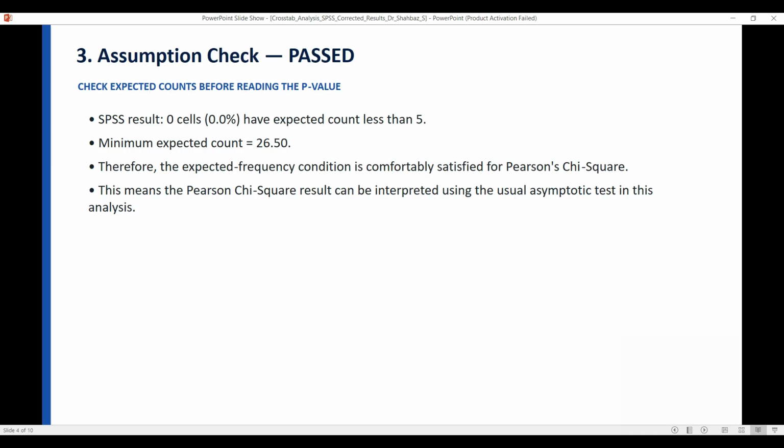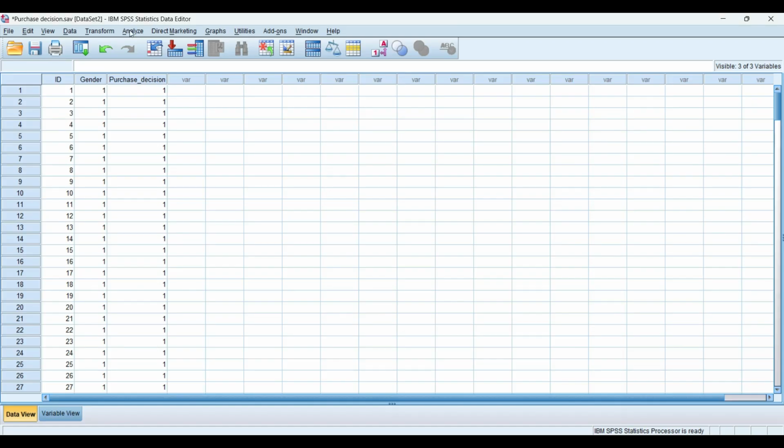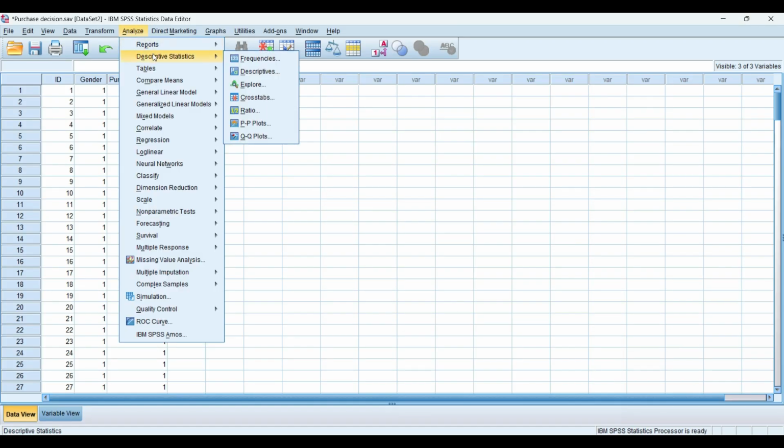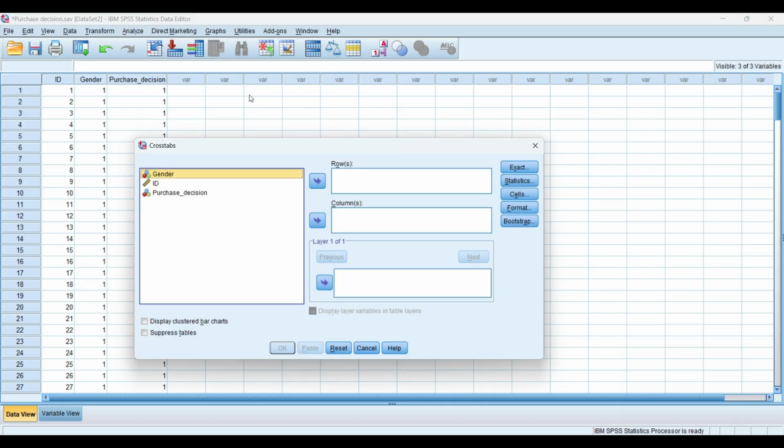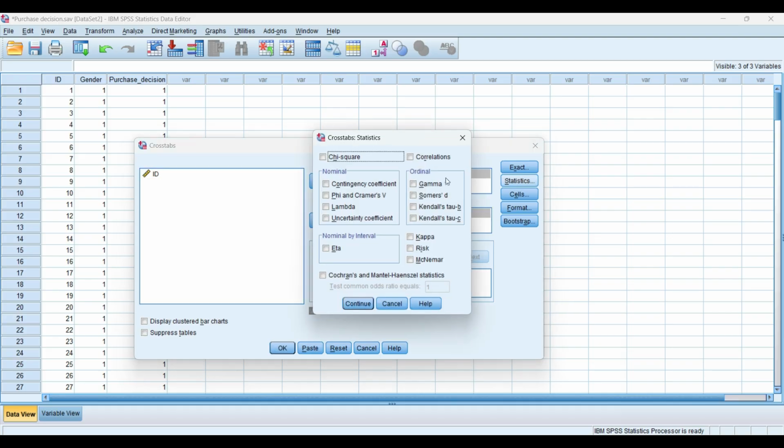Now we will perform the analysis in SPSS. We go back to the SPSS file and click on analyze, descriptive statistics, and then crosstabs. We put gender, the categorical variable, in row and purchased CN in column. Then we click on statistics and select chi-square.